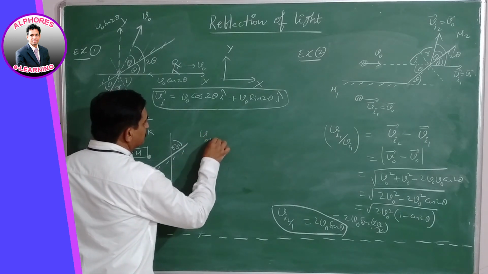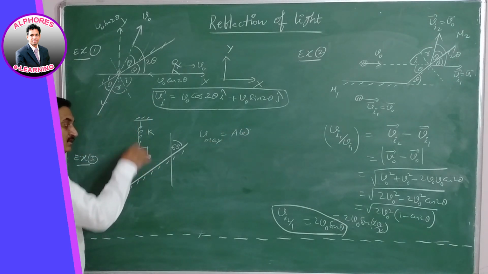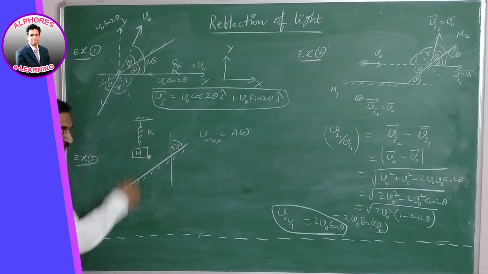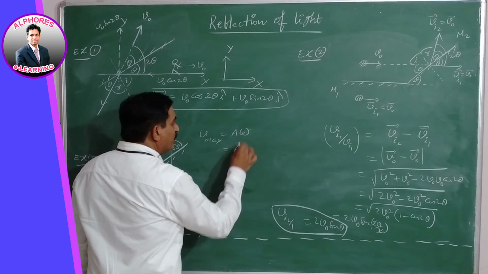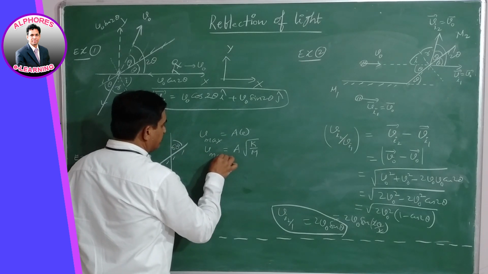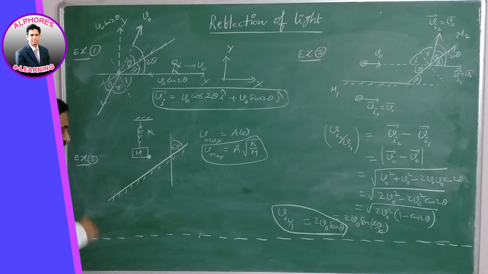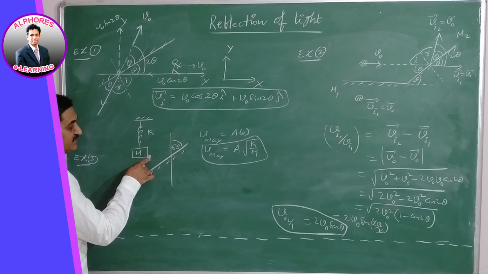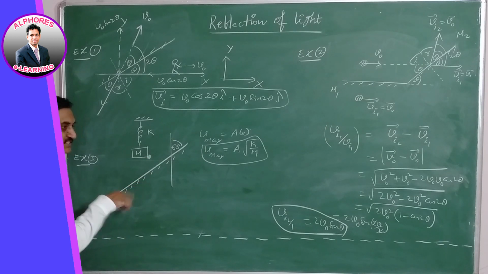Vmax equals A omega, where A is the amplitude of the load while it is in SHM, and omega is equal to root over K by M. So this is the maximum velocity with which the block oscillates at the mean position. The question is the maximum speed of the insect, which is sitting on this block, with respect to its image, and that we are going to find.